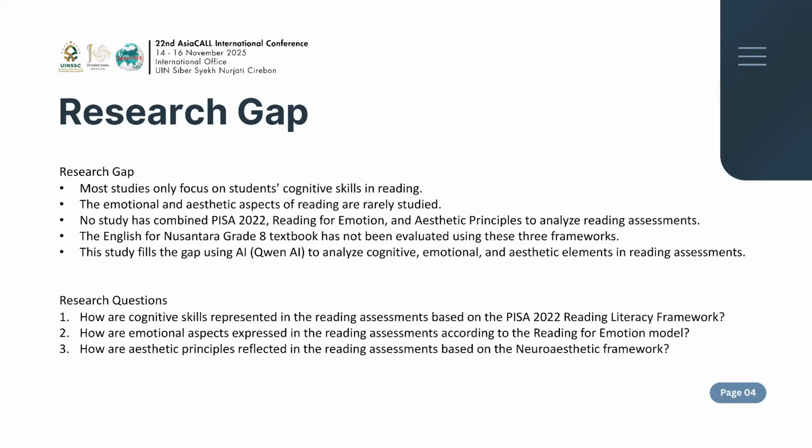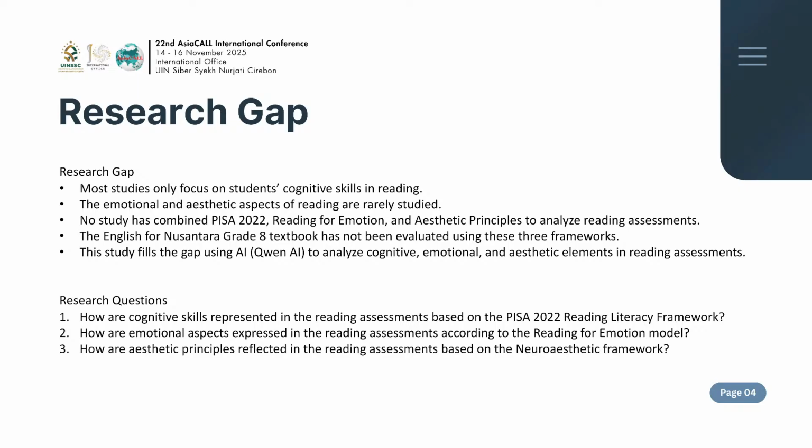This study applies a qualitative approach using deductive content analysis guided by the three main frameworks. First, the PISA 2022 reading literacy, which focuses on the cognitive dimension. Second, reading for emotion by Aulia 2017, which emphasizes the emotional dimension.